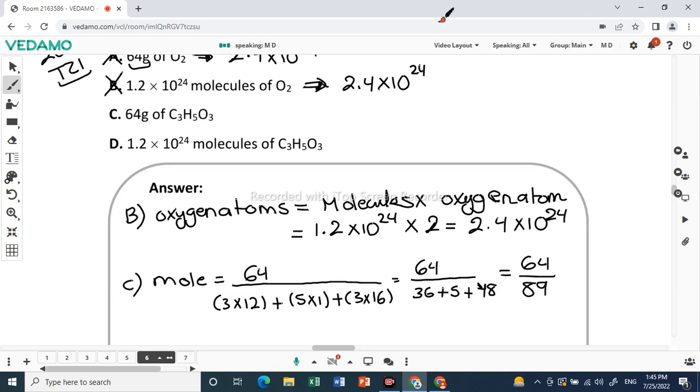Okay, so what's the final answer? In this situation, I need somehow to do calculations. I need to calculate the mole number, so we need to apply math. So as a long division, I'm going to divide over 89.